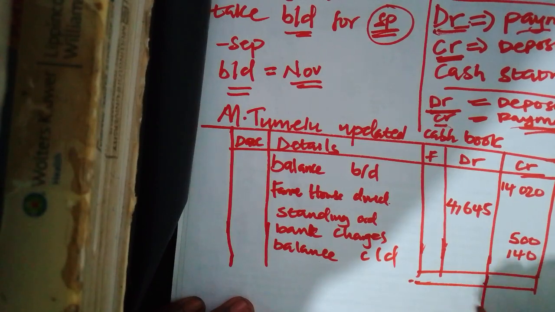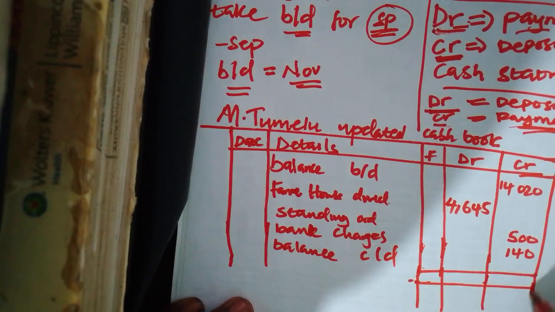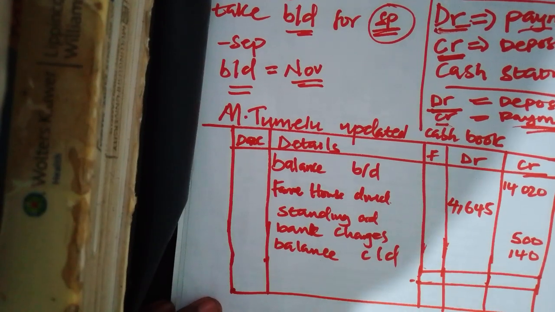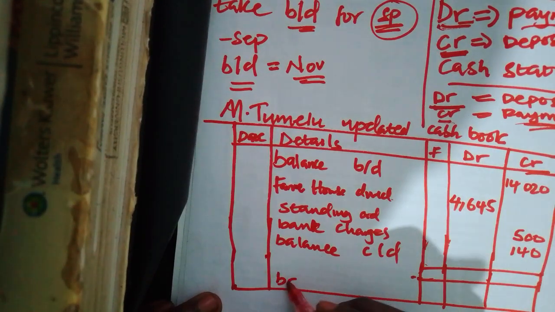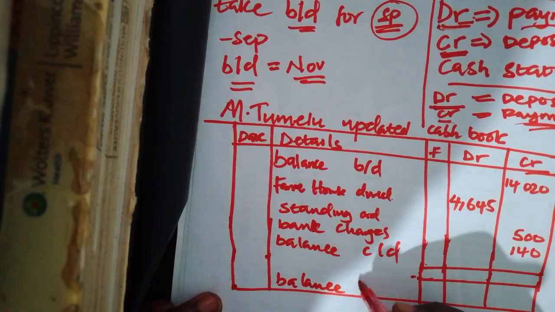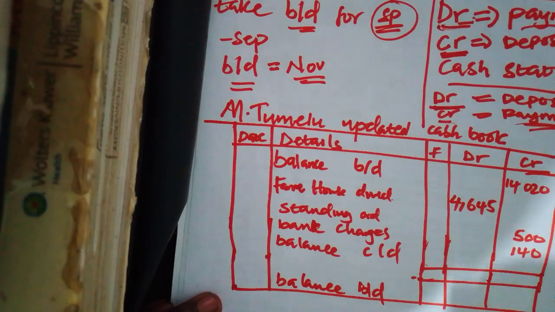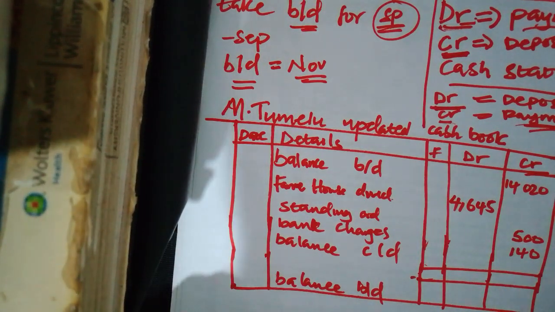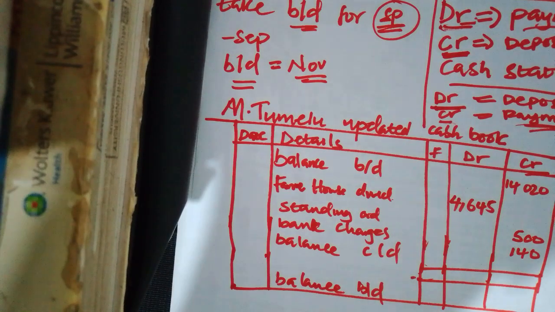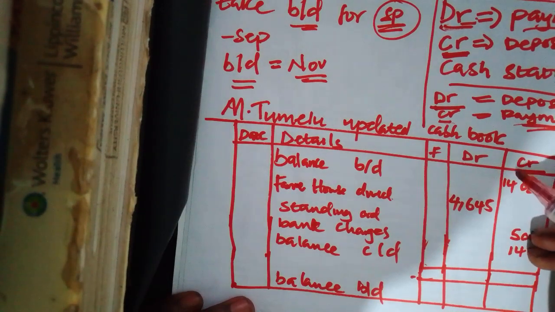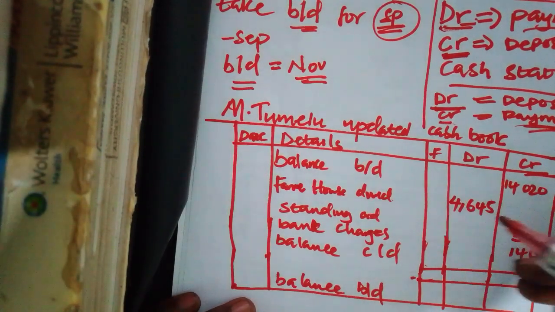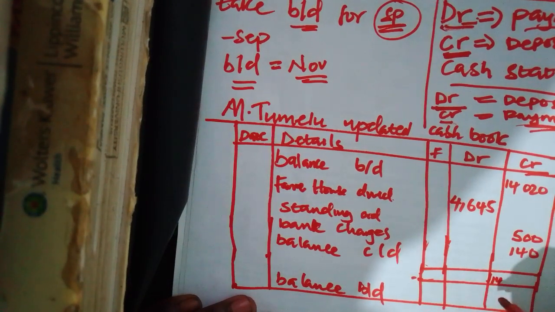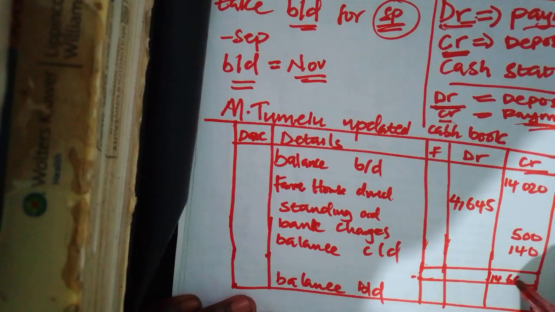Then you close the account. So you have to balance it off. That's the meaning of closing the account. You have to balance them off. Then you have balance brought down. So how can we balance off this account? You add the greater side. That's the first step. You can see that this side is greater than this side, so if you add this side, you get 14,660.